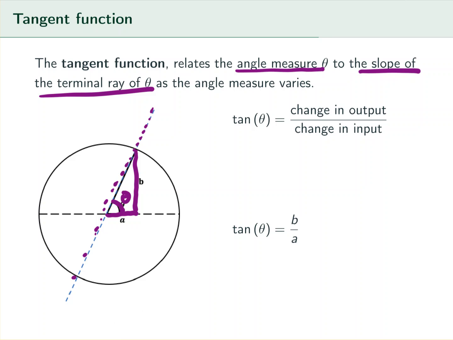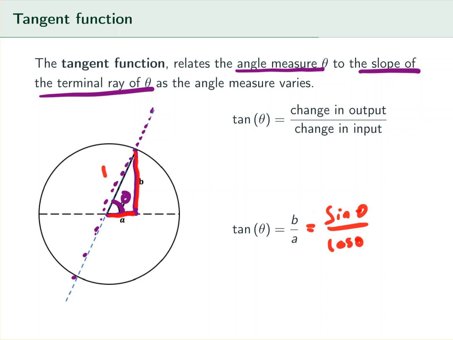We commonly learn that tangent theta equals sine theta over cosine theta, which is true. It is sine theta over cosine theta. But maybe this way we should define the tangent function as its standalone function without relying on the other two functions, that it is slope, but the way we find slope is vertical distance divided by horizontal distance, which is also sine theta divided by cosine theta.